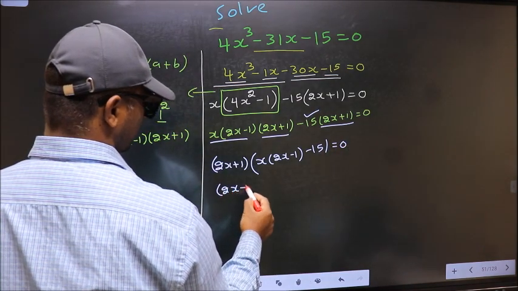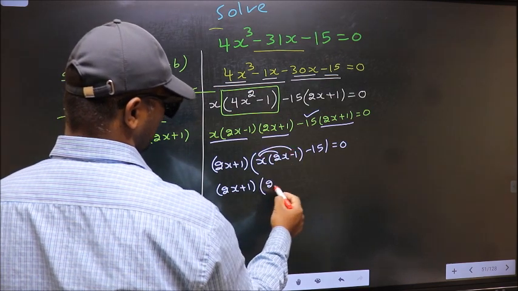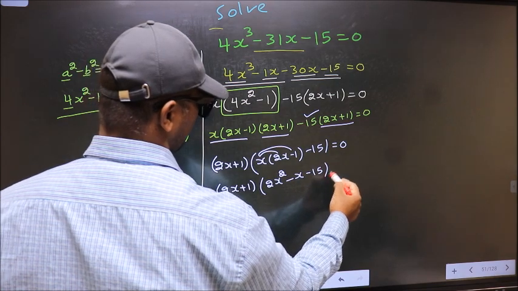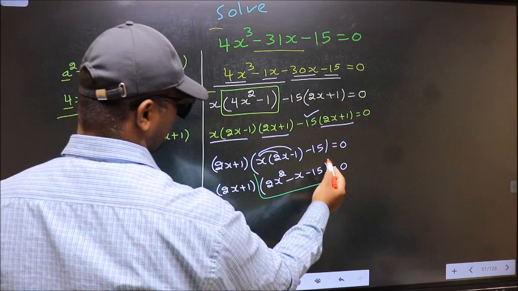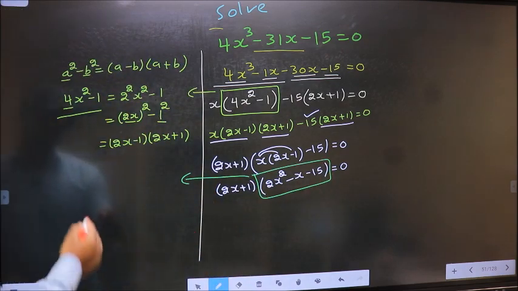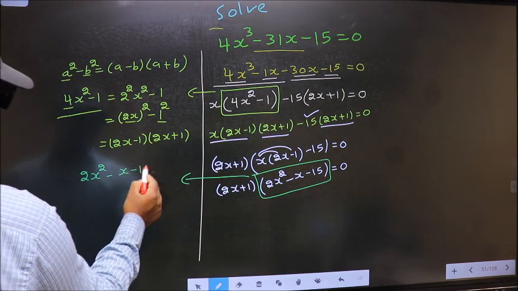Now 2x plus 1, now you open up the brackets. You get 2x square minus x minus 15 equal to 0. Now this quadratic, I will factorize it here. That is 2x square minus x minus 15.